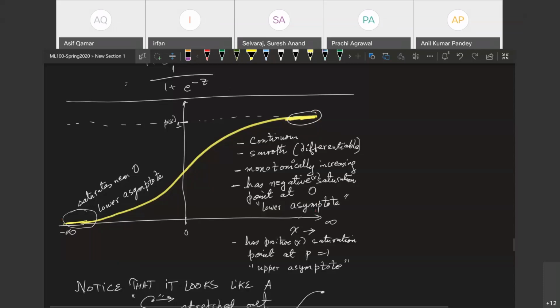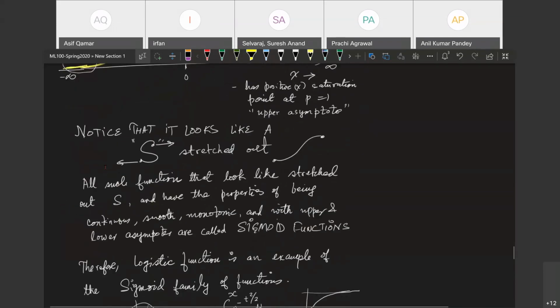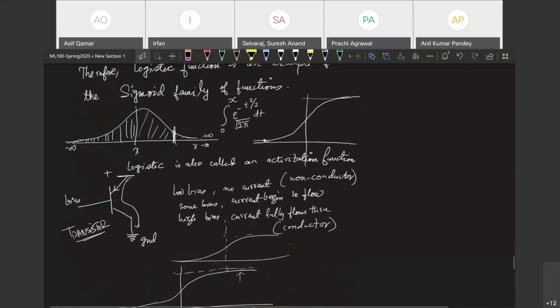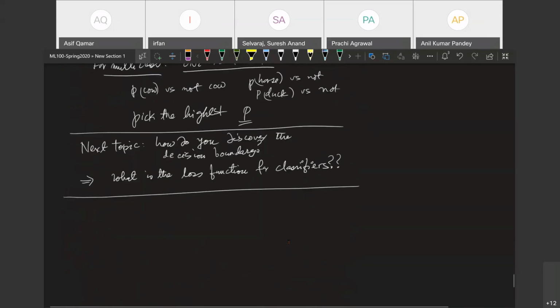What it means in a sense is, once you are sufficiently far from the decision boundary, you pretty much know what it is. It's a blueberry or a red berry. So these types of functions belong to a class of functions called sigmoid functions. But they are all over there in nature and electronics and so forth. So I won't go into that.